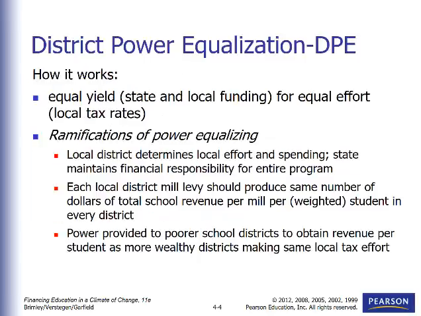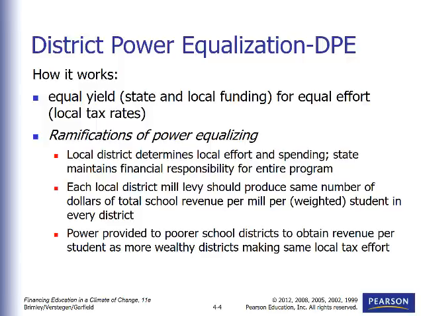District Power Equalization, or DPE, how this works is equal funding by the state and local. Meaning the idea of mills supported WPUs, or weights per unit, weights per student, is going to be equal.